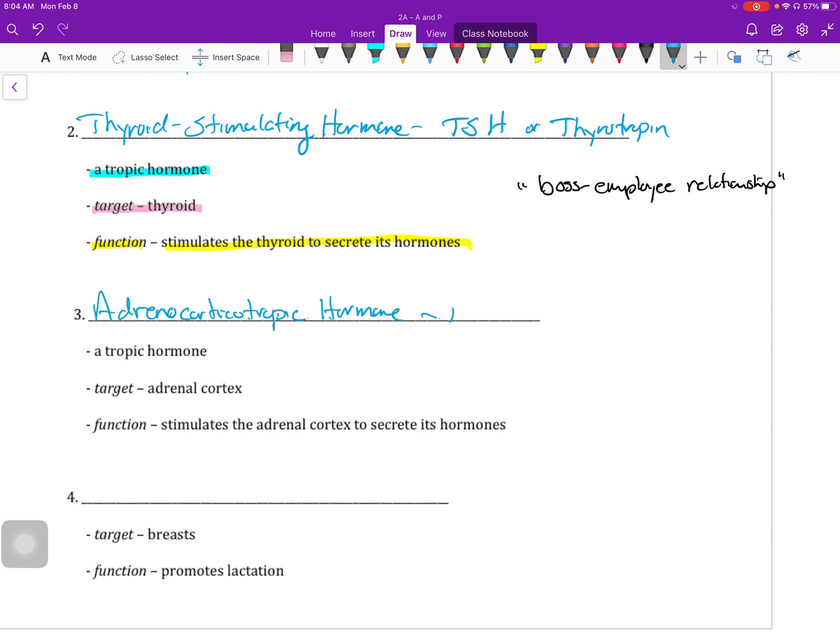Also known as ACTH. Yes, abbreviations are allowed on your flashcards and they are allowed on your chart as long as they are the appropriate abbreviation. So, adrenocorticotropic hormone, or ACTH, it is a tropic hormone.